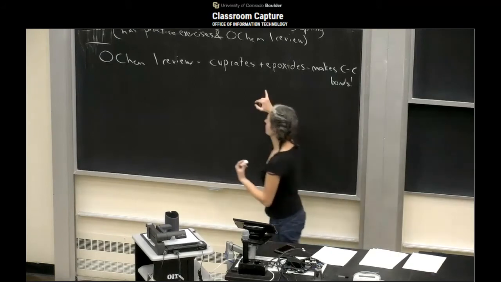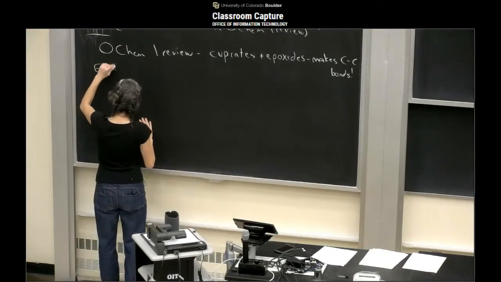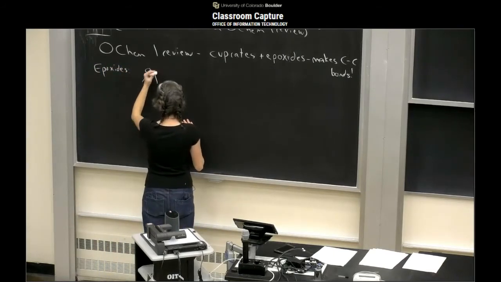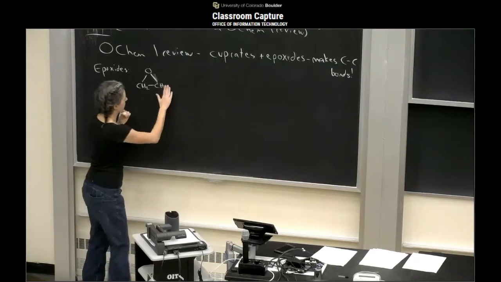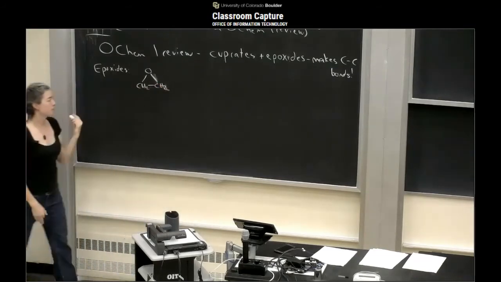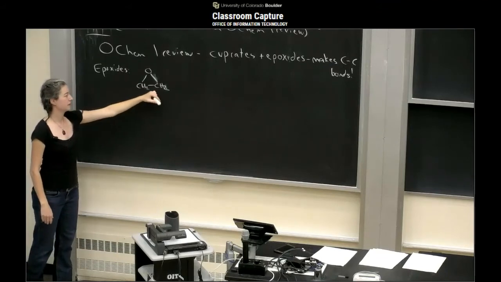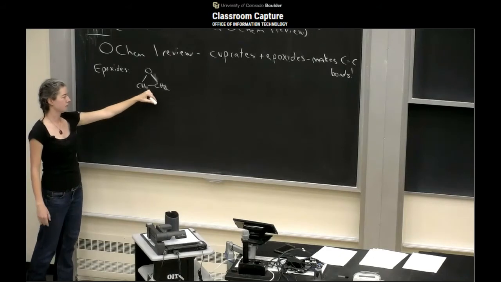Okay, so before I get into cuprates, let's look at epoxides plus other stuff. So epoxides, the gist is, actually, let me draw the carbons explicitly. So it's a 3-membered ring with an oxygen and 2 carbons in it. And you can replace any or all of these H's with other R groups coming off of here.